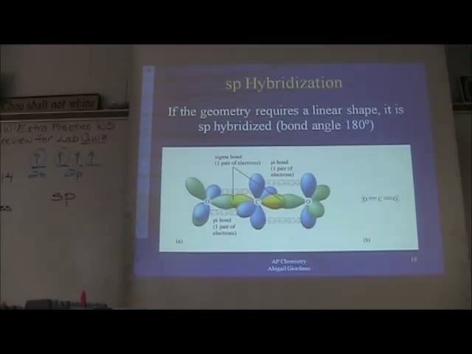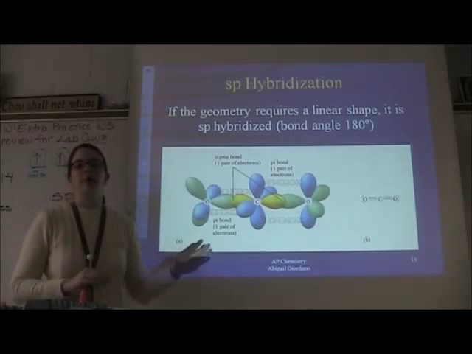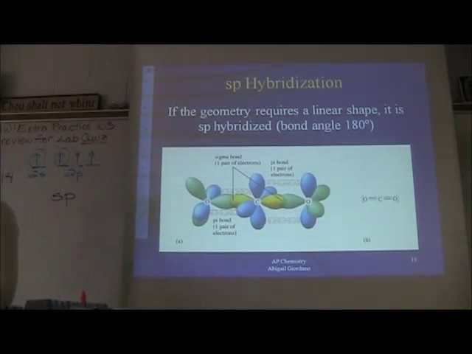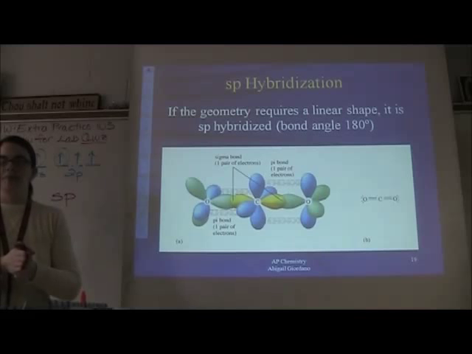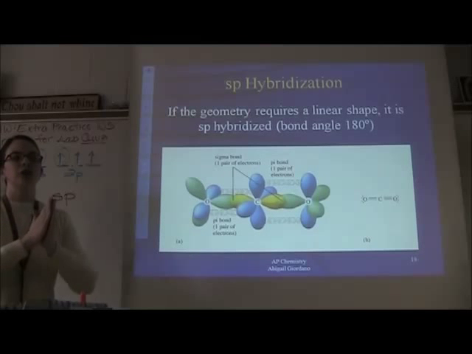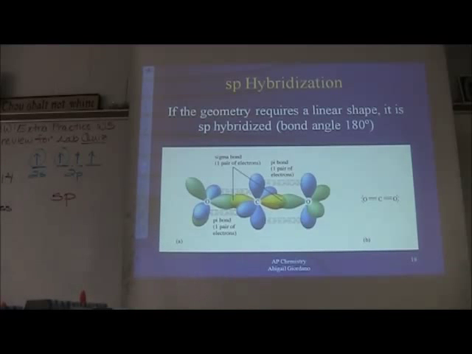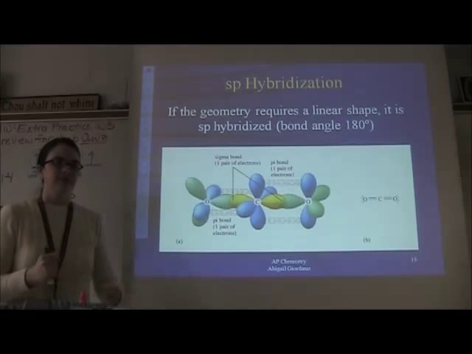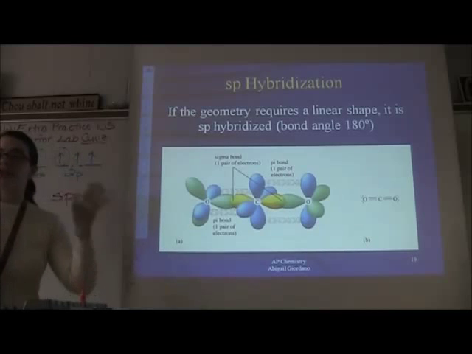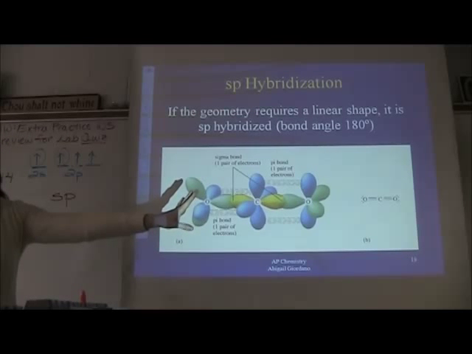Okay? Now, Evan asked the question, what about hybridization when you get to some of the extended shapes, like when there are 5 sides occupied, 6 sides occupied, like octahedral? This is a change from last year to this year. The chemistry community is kind of in debate as to whether hybridization exists at all in those extended shapes. They are not in agreement on whether it even exists, so the College Board took it out of the AP exam.